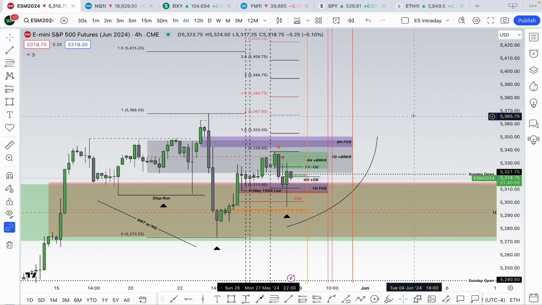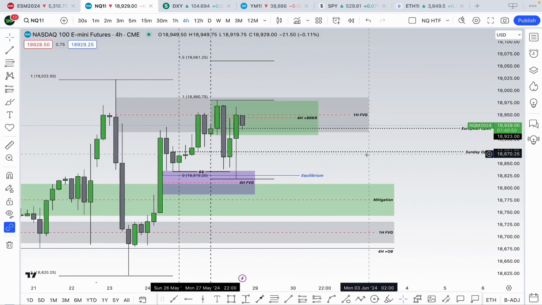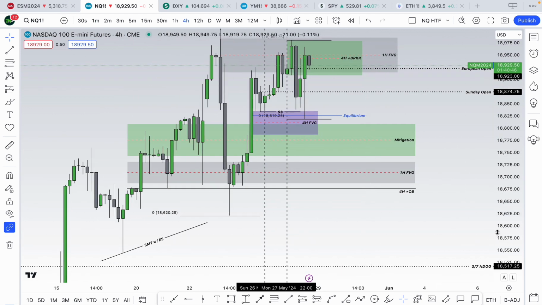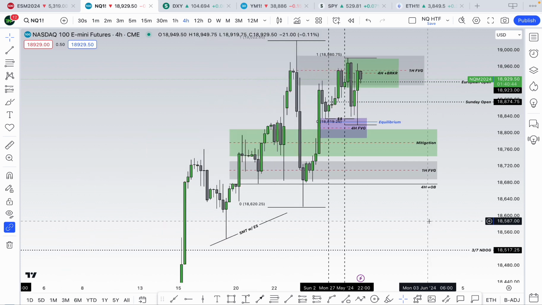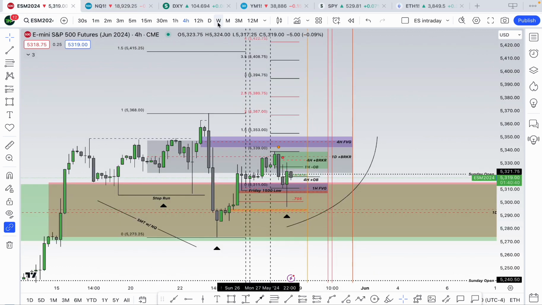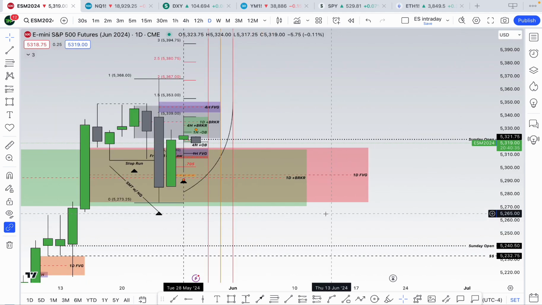So let's just go to NQ really quick. And I kind of just want to show a little bit of the difference here, right? So we had, kind of zooming out, this is the SMT. Oh, let me show the daily here on ES. Might look a little jumbled because I have my lower time frame annotations.